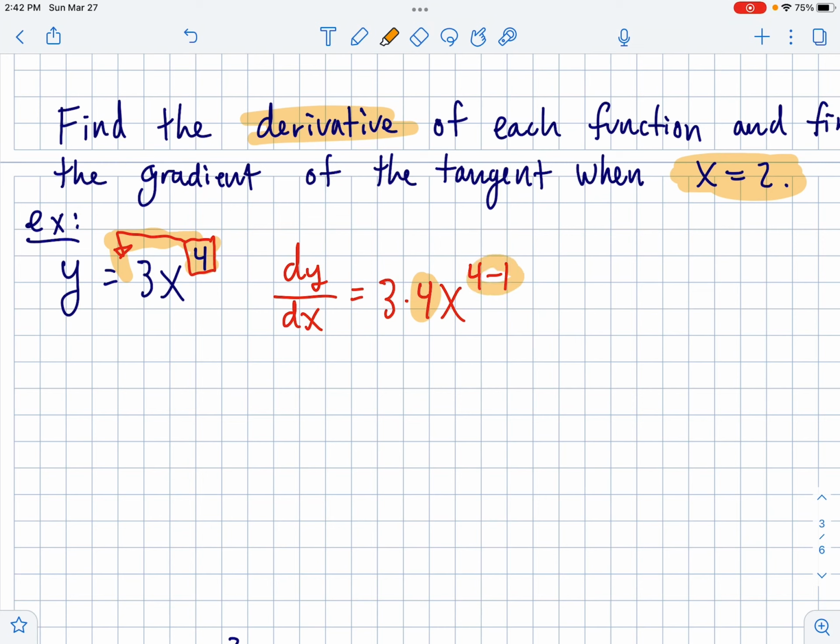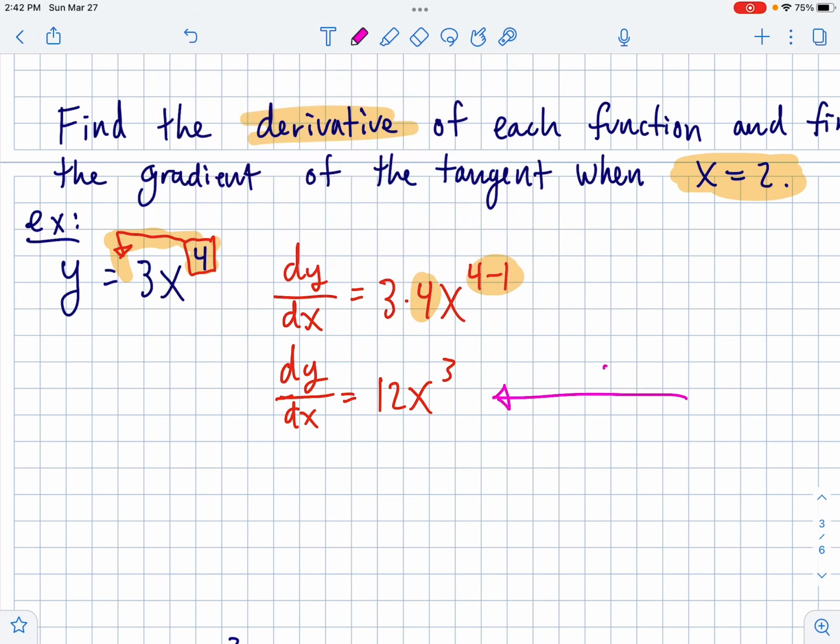So notice what happened. The 4 came out front. That's this process right here. And it dropped down one because you always have to subtract one off, that's the drop part. So pop, bring it out in front, drop it down one. Then we just have to simplify this. So dy/dx is equal to 12x cubed.